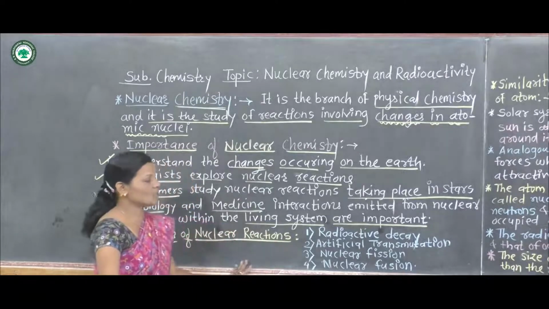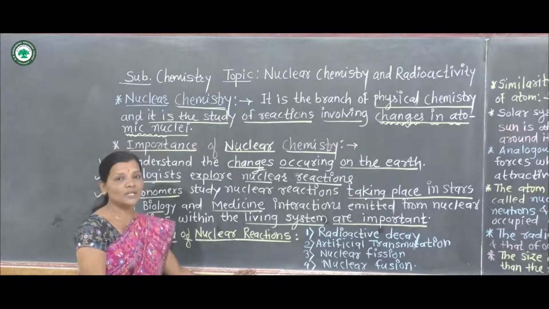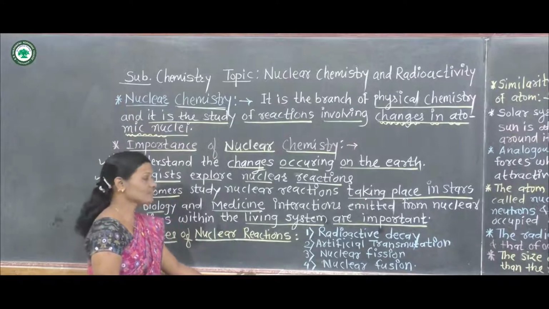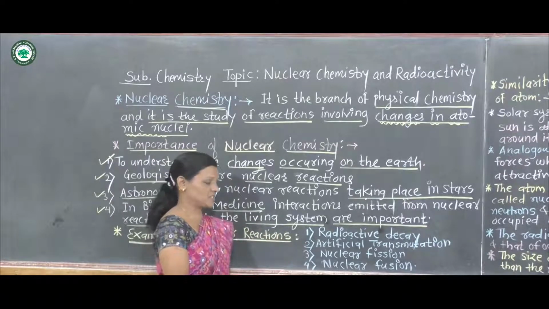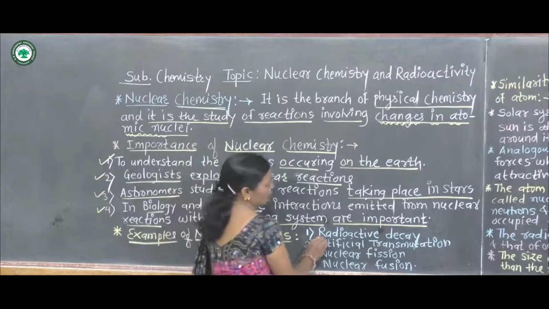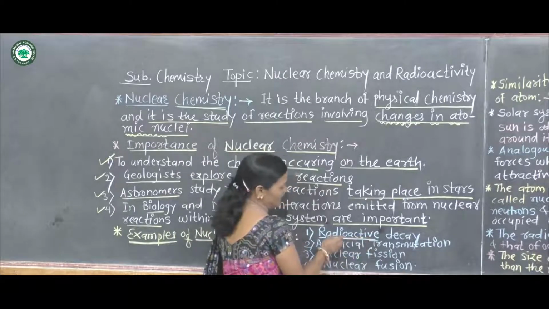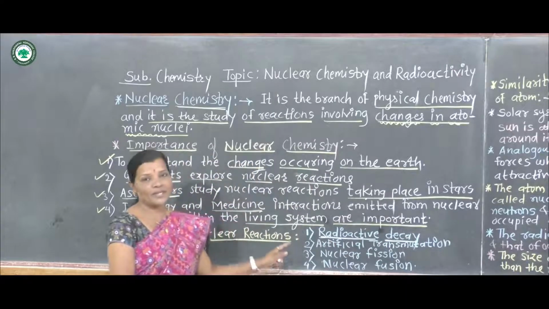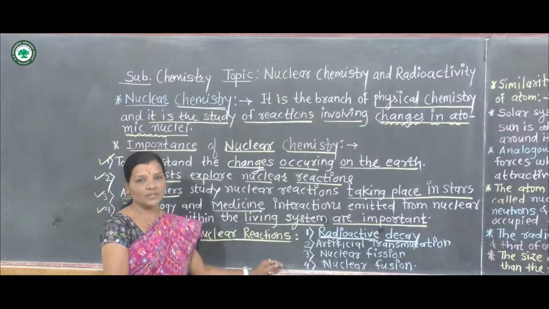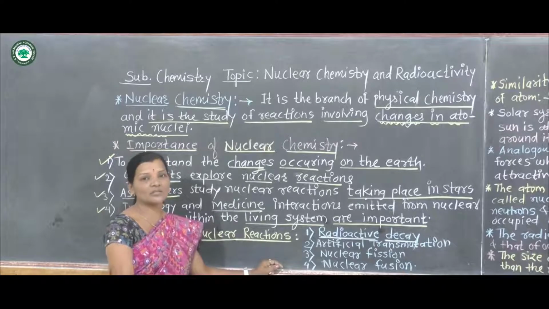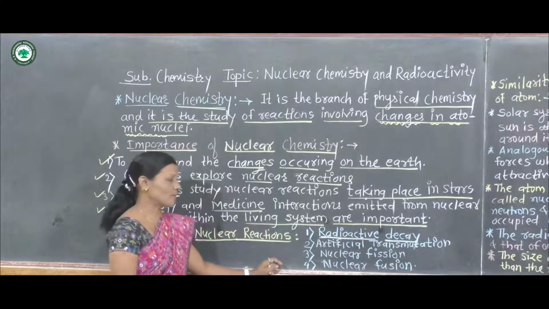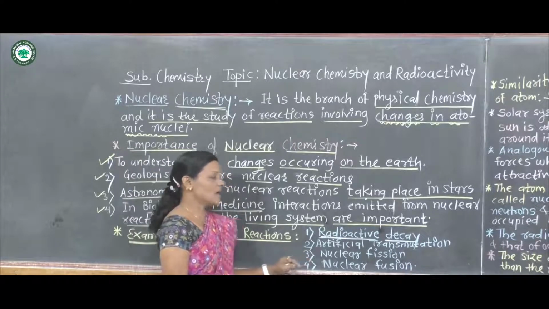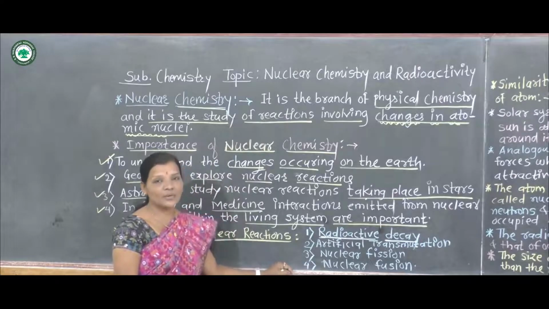Let us see what the examples of nuclear reactions are. First one is radioactive decay. This is a very important example of nuclear reactions, and we also have to study it in this topic.